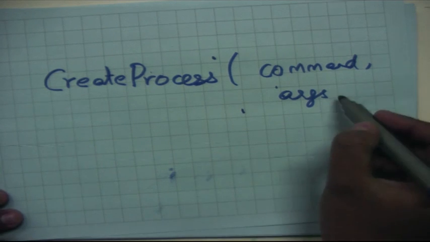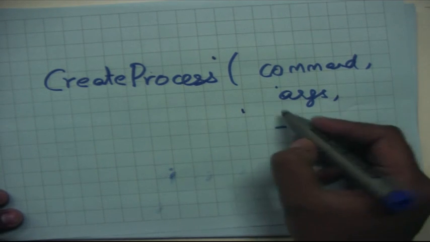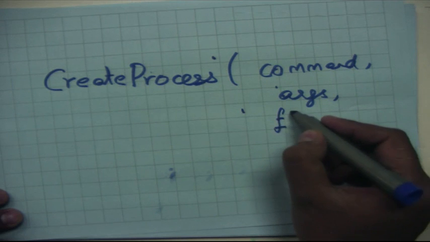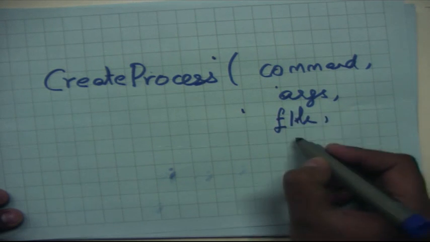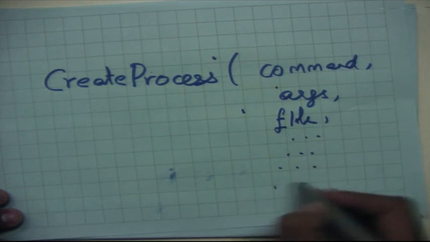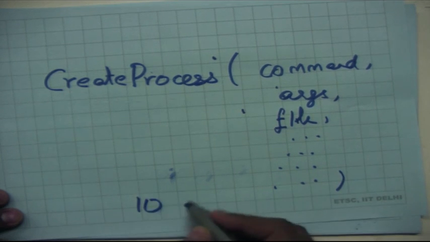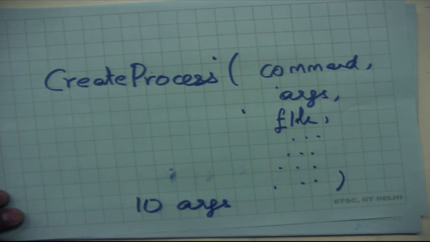So what they did was they added more arguments here, like file descriptors, and so on, environment variables, and so there are roughly 10 arguments in this system call. So this Windows system call says create a process with this command and these arguments and this environment, right?